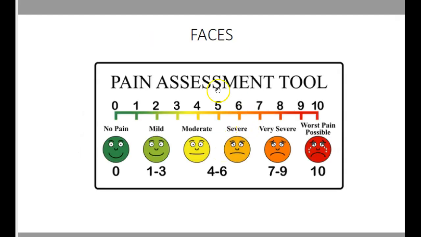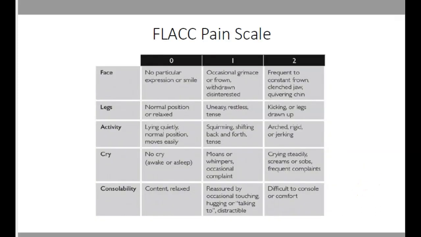We also have the faces pain assessment. Sometimes some people are unable to state the number, but they're able to choose the faces that would closely describe their pain level. And we also have the FLACC pain scale. It's often used for patients who are nonverbal or unable to communicate their pain levels.